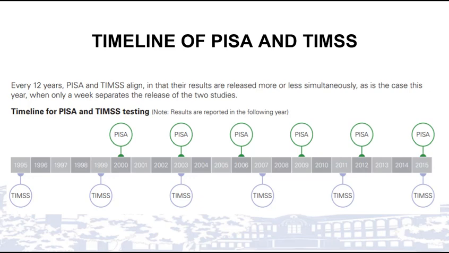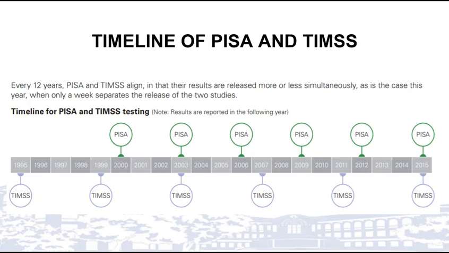While TIMSS, on the other hand, looks at how well the grade 4 and the grade 8 students have mastered the factual and the procedural knowledge taught in school mathematics and the science curricula.